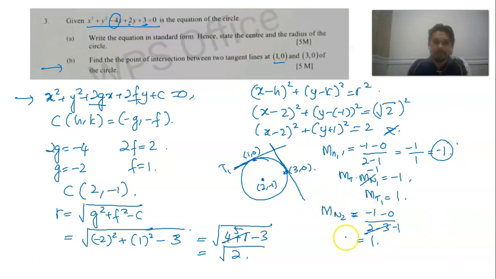The gradient of tangent 2 multiplied by the gradient of normal 2 equals -1, where the gradient of normal 2 is 1, so the gradient of tangent 2 equals -1. So this tangent has gradient 1, and this line has gradient -1.